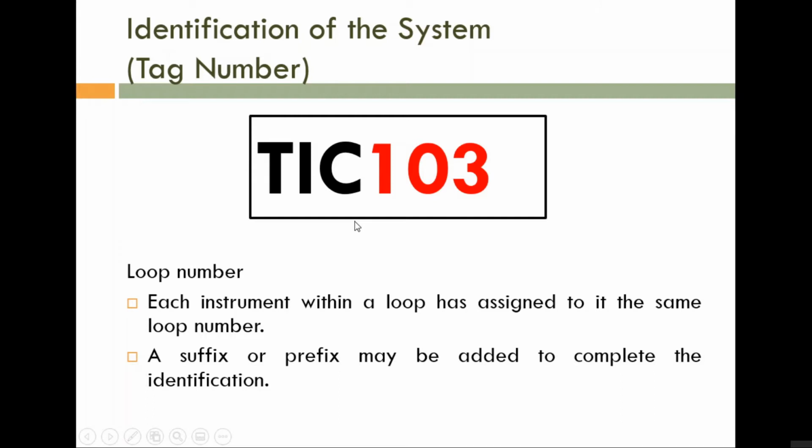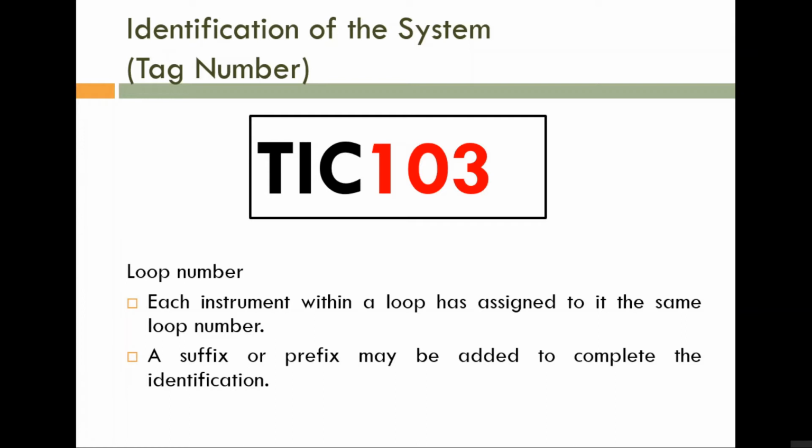First one, 103 means the number part. This number part is known as the control loop number. You have a flow control loop, a level control loop, a pressure control loop, a steam flow rate control loop, a temperature control loop, etc. Each control loop is represented by using this number.